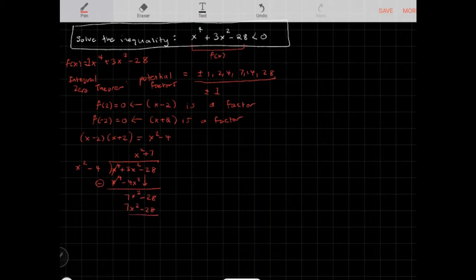And this is your quotient. After you have your quotient, you can notice that x squared plus 7 isn't factorable. So you have x squared minus 4 times x squared plus 7, which you can refactor as x plus 2 times x minus 2 times x squared plus 7. And this is your new inequality.